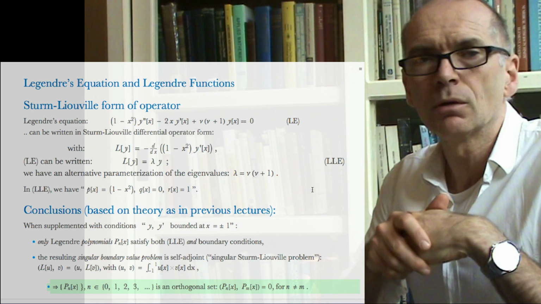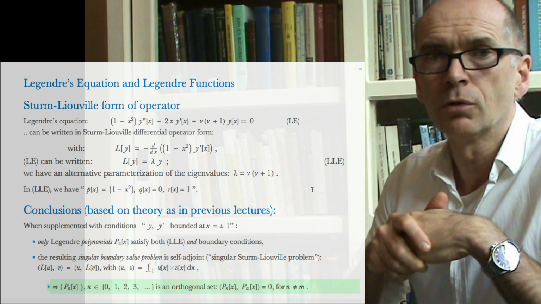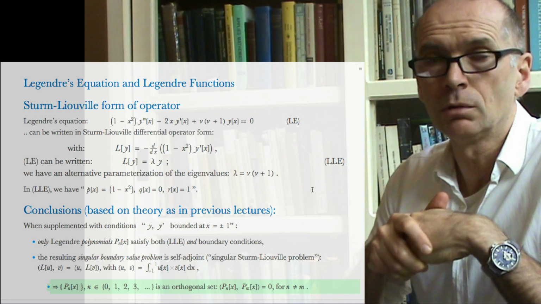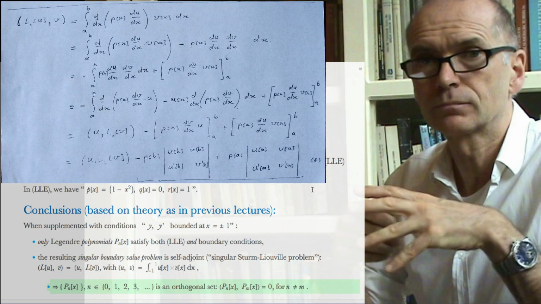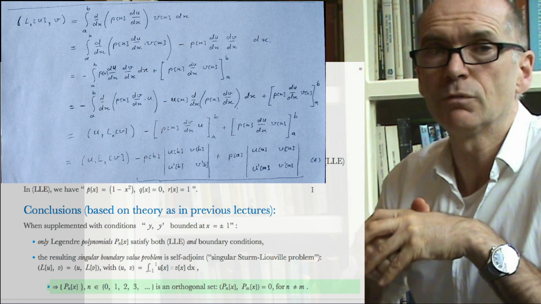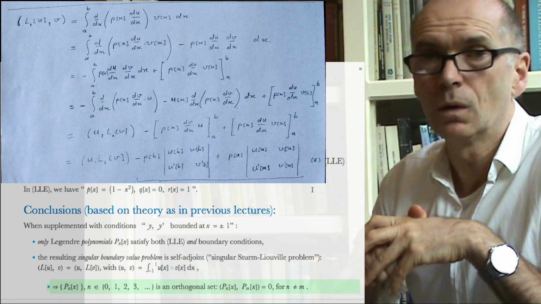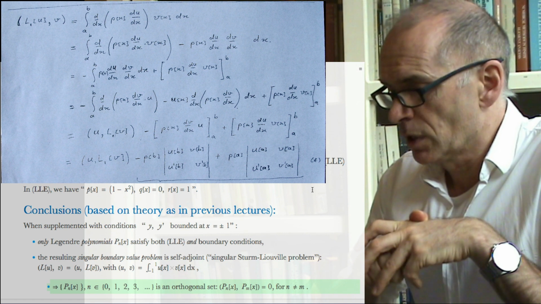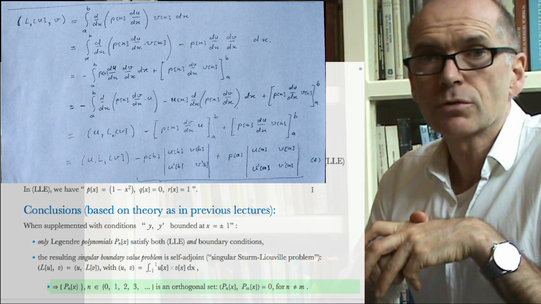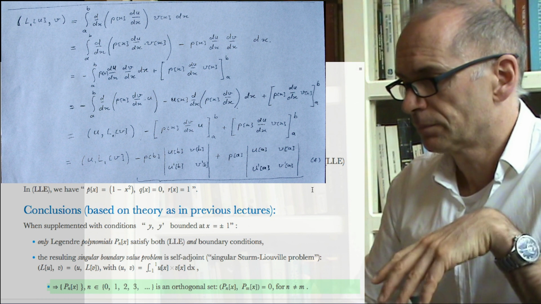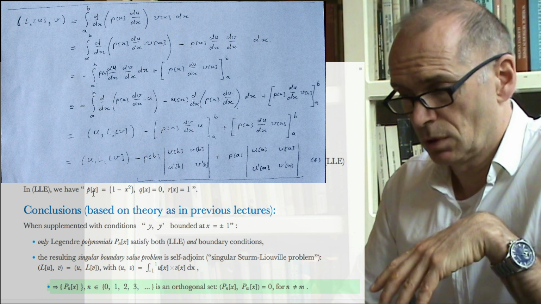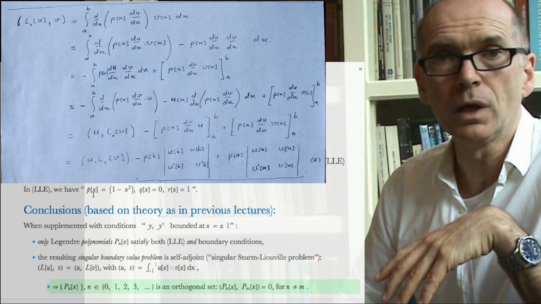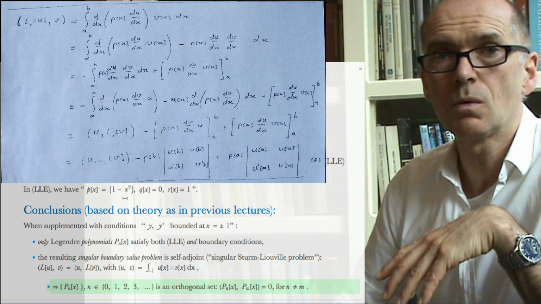Then based on the theory, all the lectures on Sturm-Liouville theory and part 1 of this lecture, where we studied in detail how to, if it is possible, and if so, how, to satisfy conditions for self-adjointness, we see at the regular singular point, where x is 1 or x is minus 1, that P is 0.